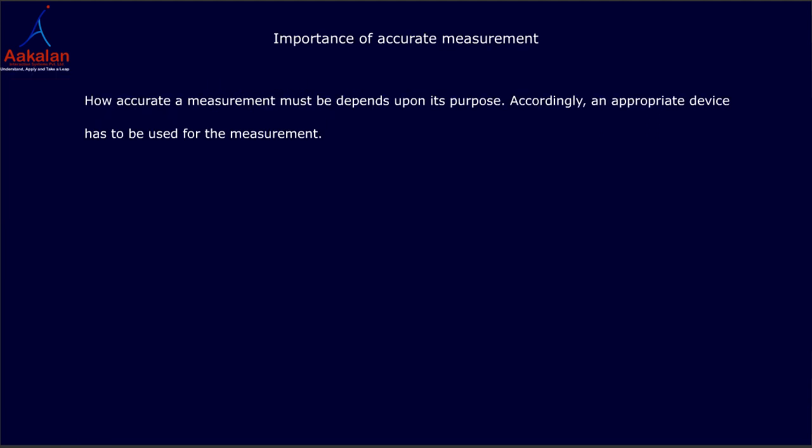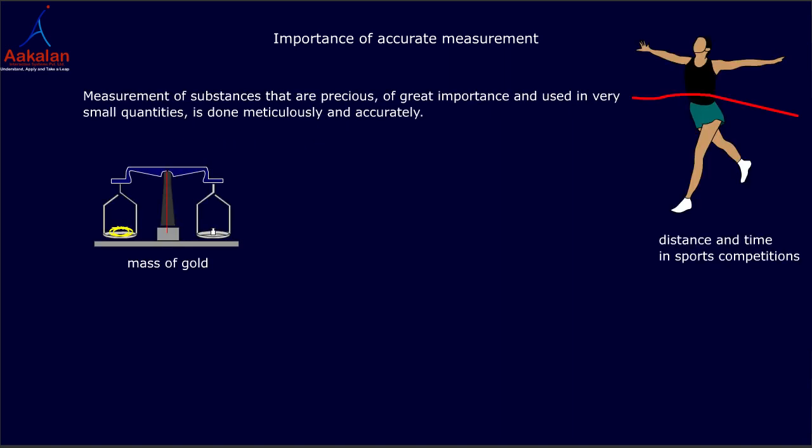Importance of accurate measurement. How accurate a measurement must be depends upon its purpose. Accordingly, an appropriate device has to be used for the measurement. Measurement of substances that are precious, of great importance and used in very small quantities is done meticulously and accurately.